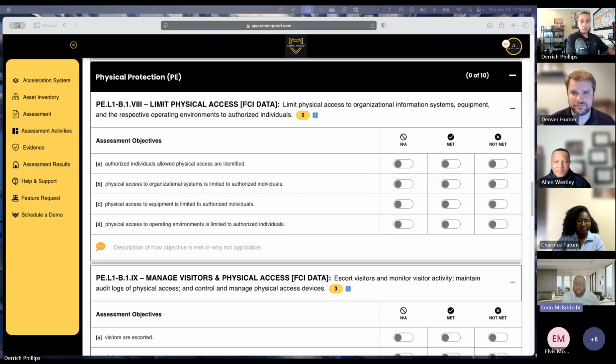No problem. So we're going to move into the next portion where we talk about physical protection. As we all know, it's very important to protect assets, but also to protect our people and our data. When I consider this, you definitely have to have the right controls in place.